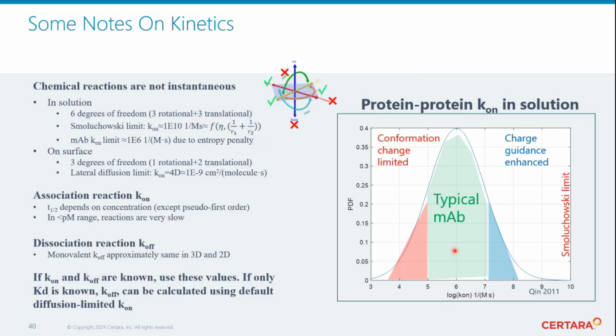So this means that if we have a KD value, we can calculate the k off just by assuming that the k on is somewhere in the region of 10 to the 6. There are very, very few antibodies which fall outside this bracket, and if they're substantially below, then I wouldn't touch those antibodies with a barge pole.